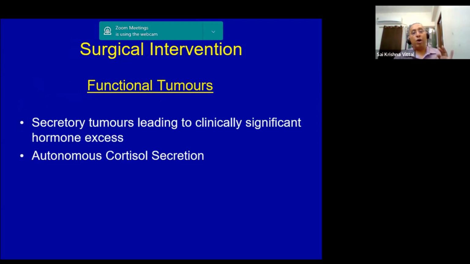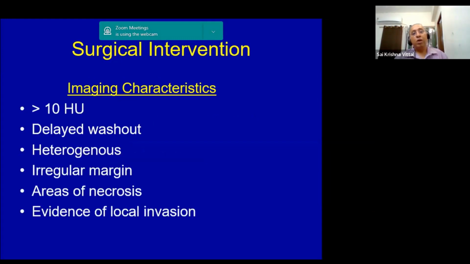In autonomous cortisol secretion, I have given you the pros and cons. If there are no comorbid features, maybe you can actively screen them. If there are comorbid features, then you can give the patient the option of surgery, but it should be a personalized, individualized decision. One size does not fit all.